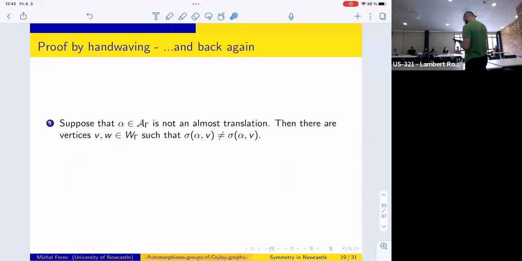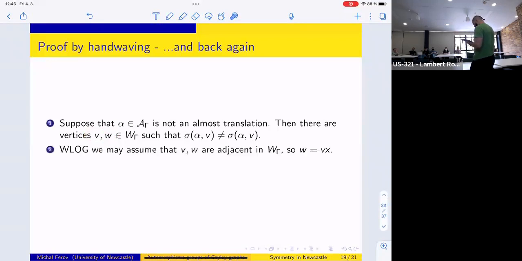So suppose that I have something that is not an almost translation. Then I have some automorphism that does one thing somewhere, and a different thing somewhere else. That means I have two vertices that locally get different things done to them. Well, we may assume that they're neighbors, because we can use some induction argument: take a geodesic between them, keep going on.